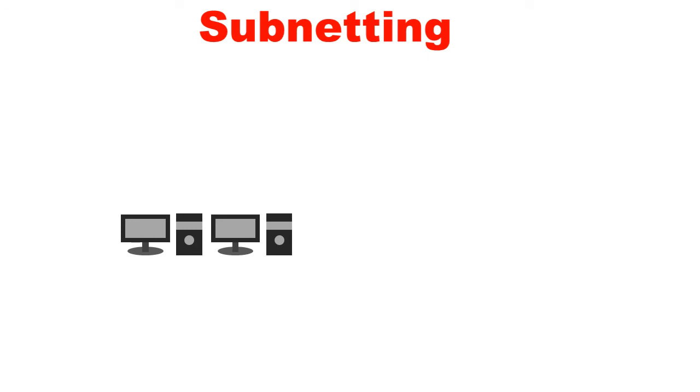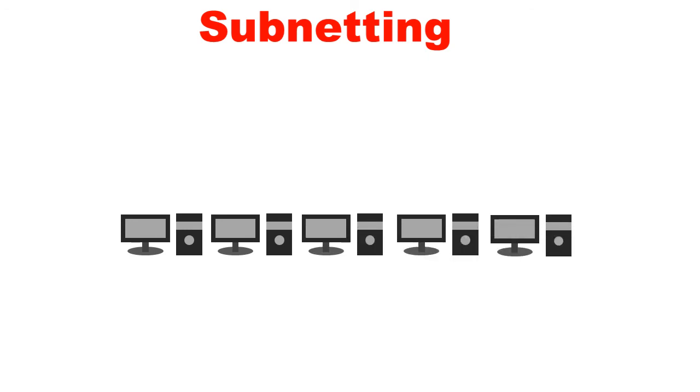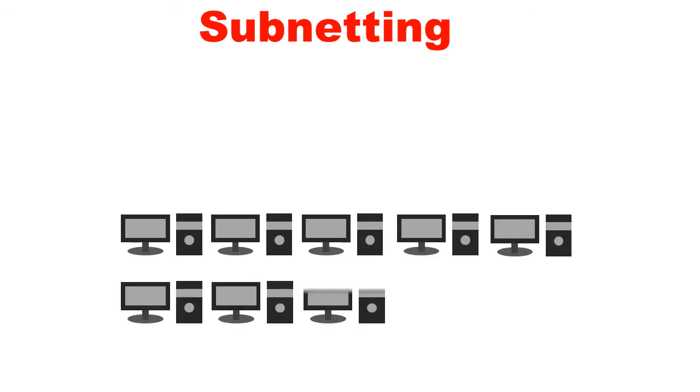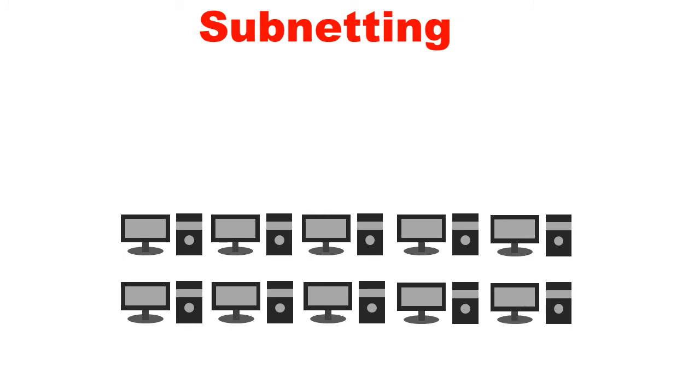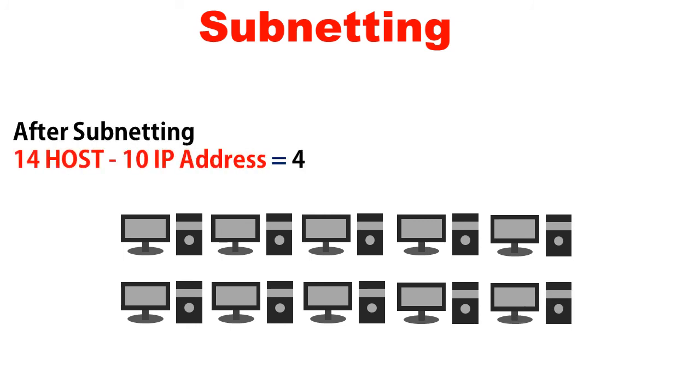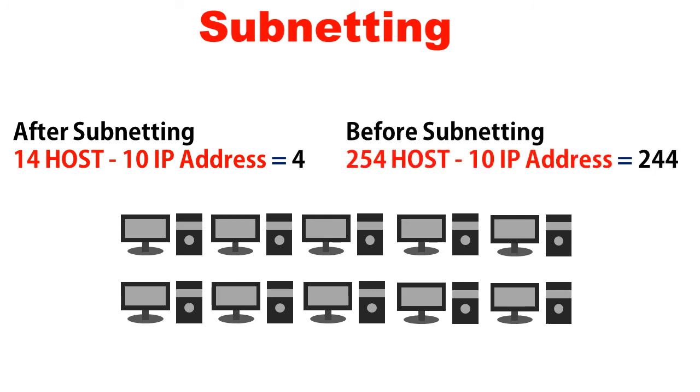So by the subnetting technique, we can reduce the wastage of host numbers. If we create a small network of 10 computers in this new subnetwork, then only 4 host numbers will be wasted, instead of 244 host numbers of a default class C category network before subnetting was incorporated.